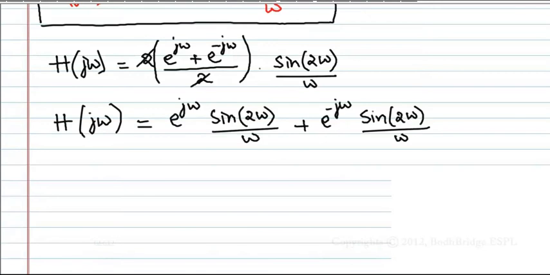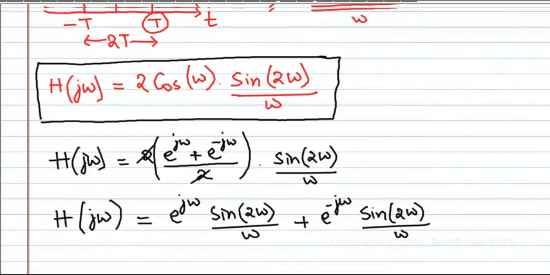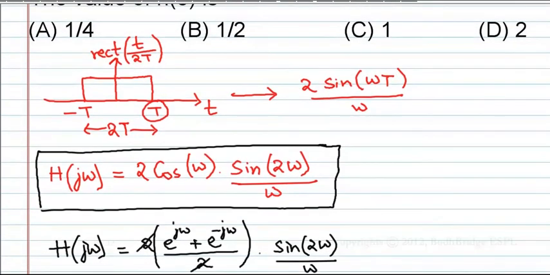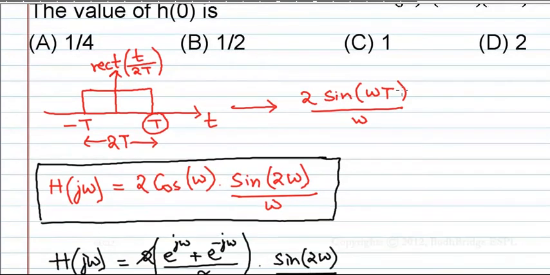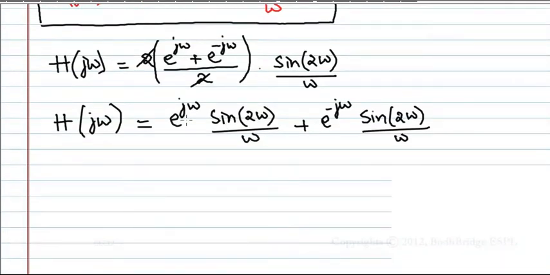First of all, we will see what is sin 2 omega by omega's inverse Fourier transform. What can we say? Here 2 is there. Sin 2 omega by omega will have here 2 and here minus 2. That is rect t by, or we will draw this diagram, that is better. What do we know? Multiply by 2 and divide by 2.